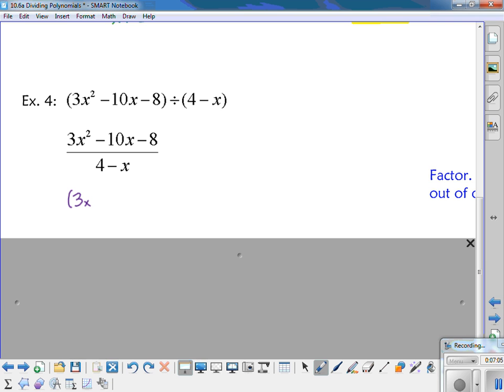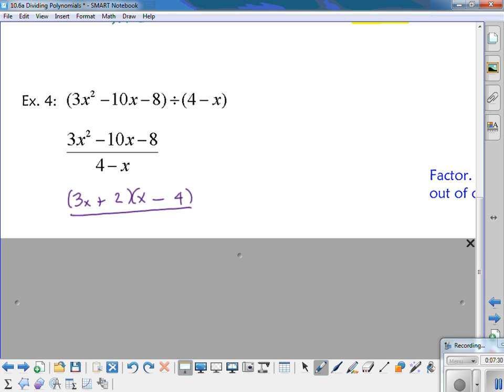So I know I'm going to have 3x and x, and then to get the 8, it's going to probably be 2 and 4. And I want it to have a difference of 10, so I'm going to put the 4 over here and the 2 here. And 3 times 4 is 12. That's going to give me negative 12 plus 2. That will add up to the 10. So I get 3x plus 2 times x minus 4.